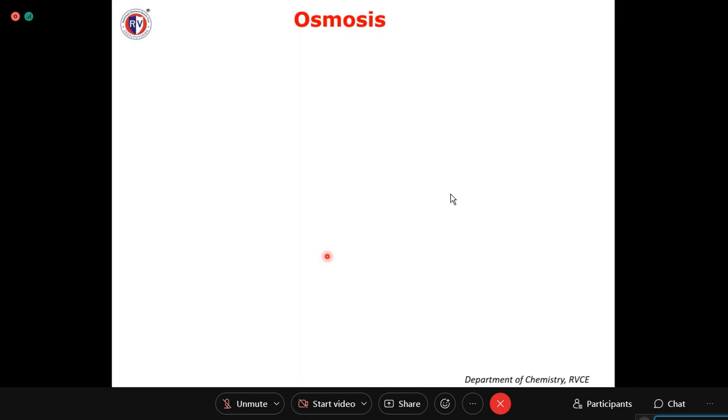Diffusion of particles. Suppose I'll give you an example. I take this sea water and pure distilled water. Okay, and I'll separate this distilled water and sea water by one membrane called parchment membrane. Okay, so how will be the movement of water molecules?